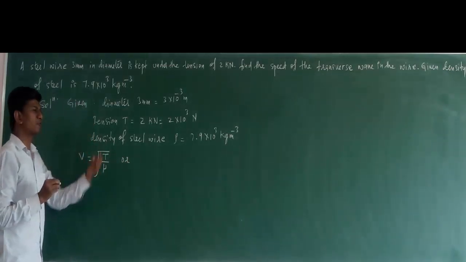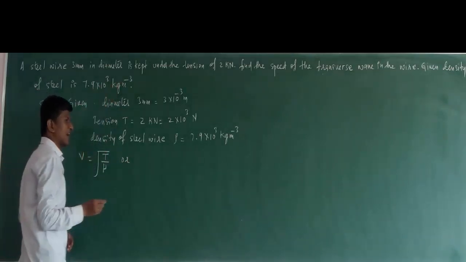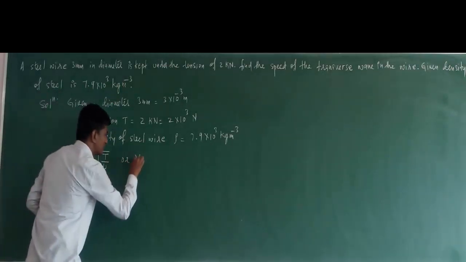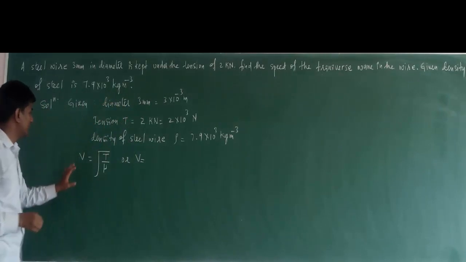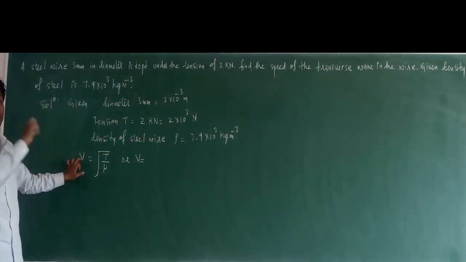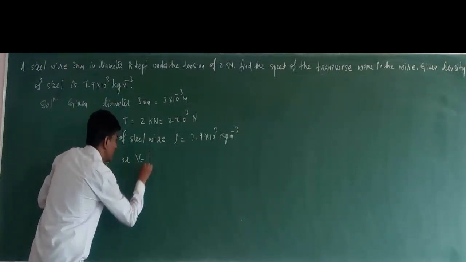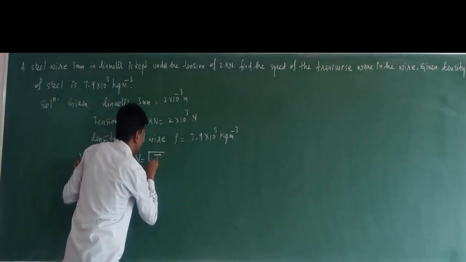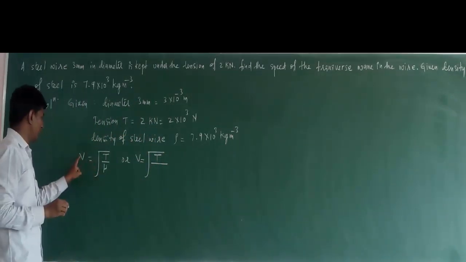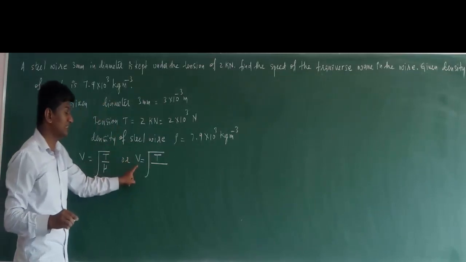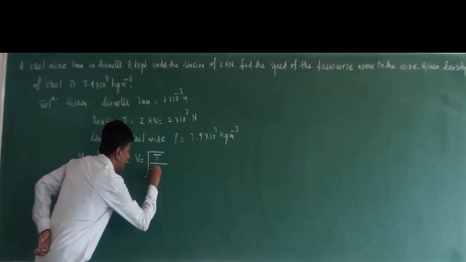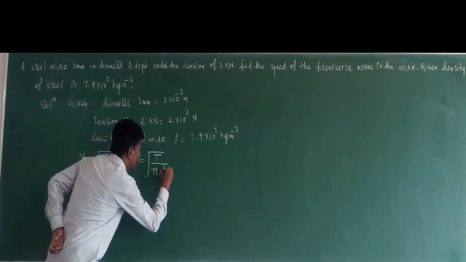The other formula gives the velocity of the transverse wave in terms of the density of the material: V equals root of T divided by pi r square rho.